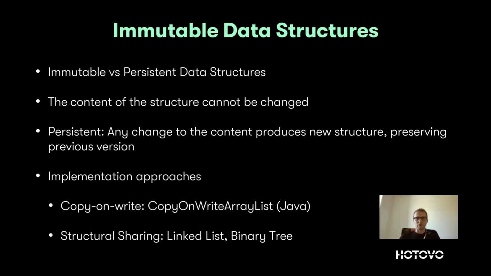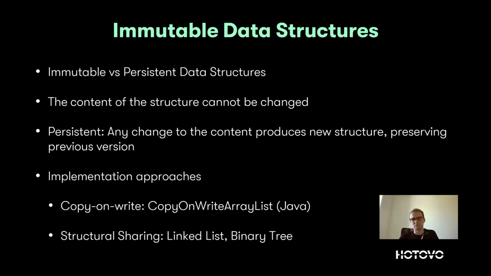And let's talk about these structures. So immutable is a term usually used for something actually called persistent data structures, because immutable is something that can't be mutated. So we might have a list, for example, that once constructed can't be mutated, and there are no ways to add or remove elements or replace elements, right?